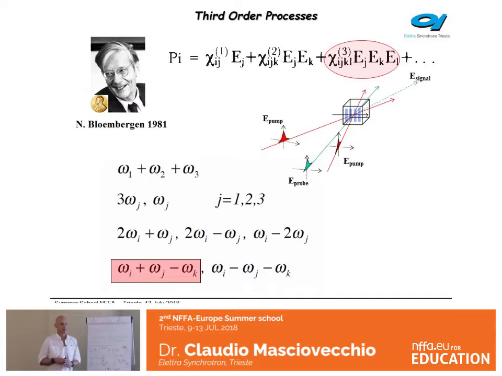This is called transient grating because the density modulation that you have is kind of a grating, because the refractive index is changing, but it's not permanent, because the difference in temperature between the top and the bottom of your grating is not big. I have to give you some number.